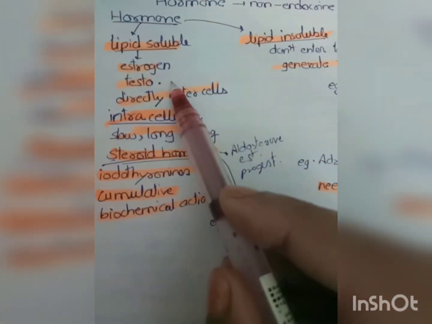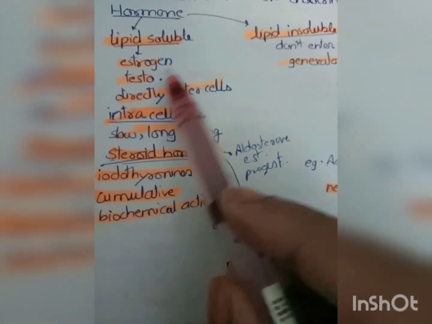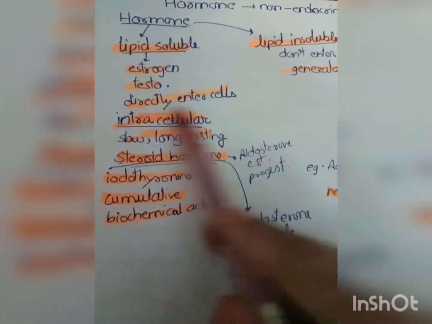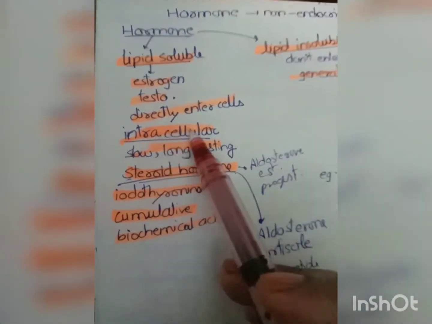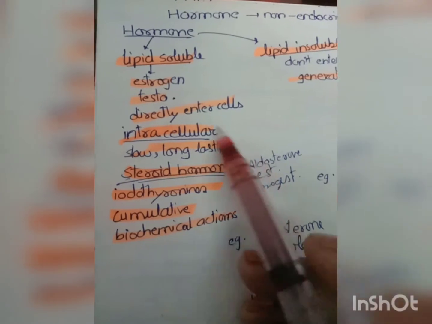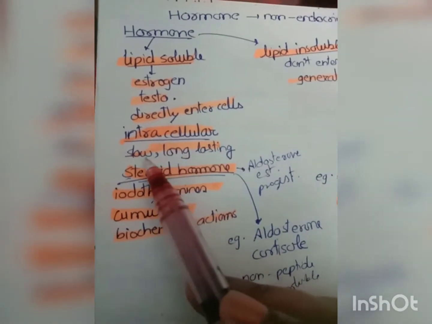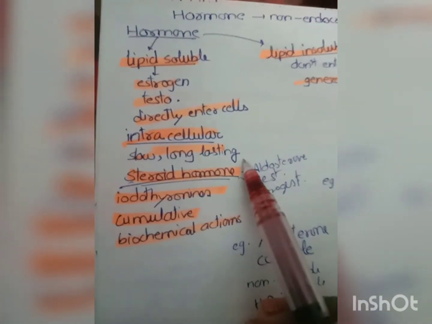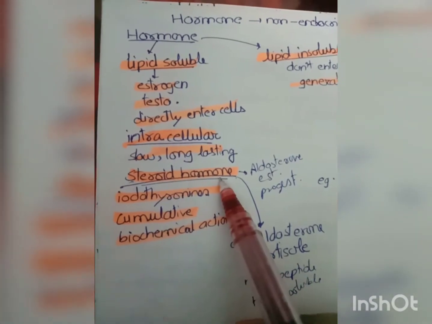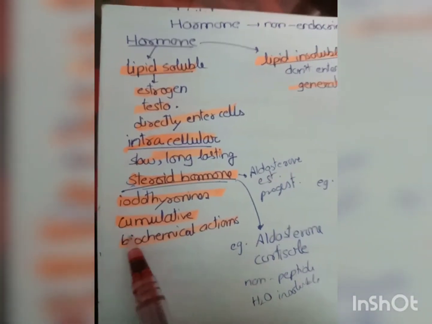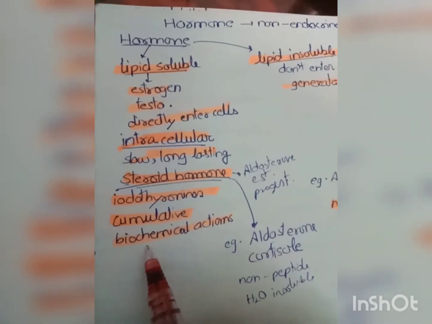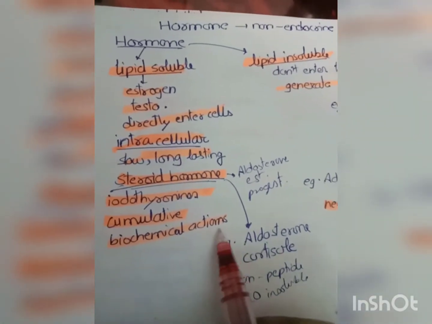The lipid solubles are estrogen, testosterone, and they directly enter the cell. They are known as intracellular messengers. Intracellular means inside the cells. They work slowly but long lastingly. They are all steroid hormones. Examples are iodothyronine, and they have cumulative effect and biochemical actions.